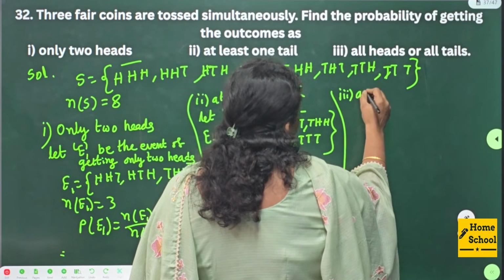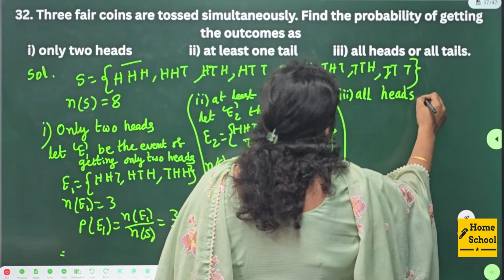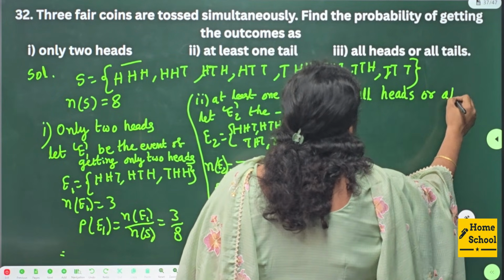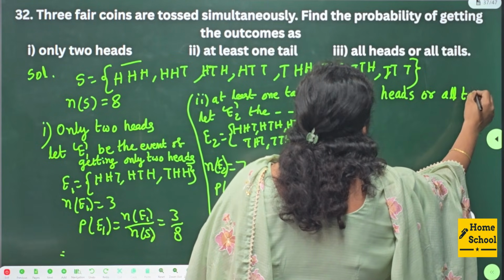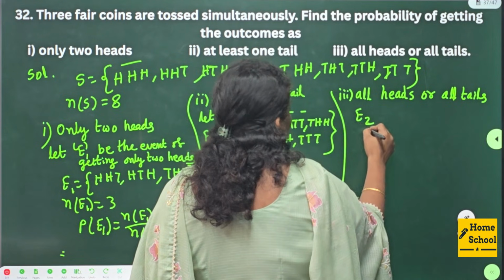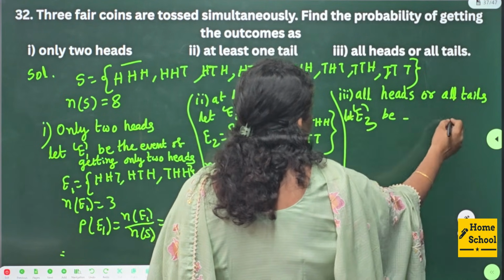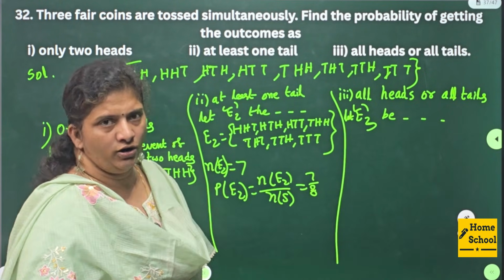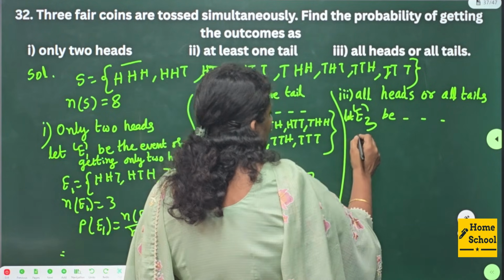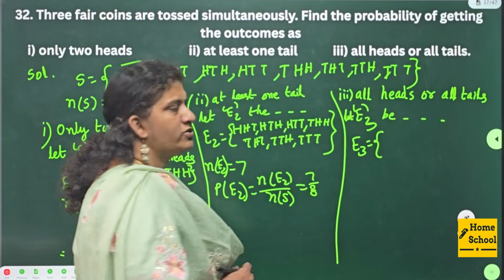Now third question. What is this third question? All heads or all tails. All heads or all tails. Let E3 be the event of getting all heads or all tails. Now E3 is equal to all heads or all tails.